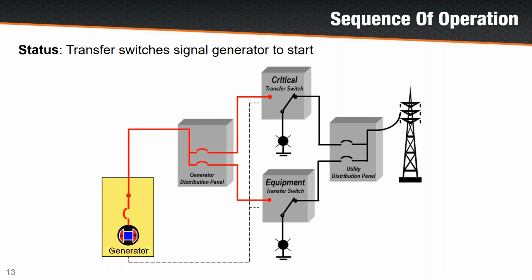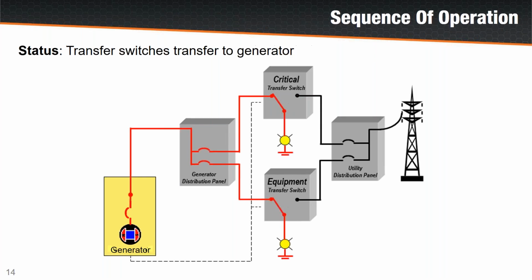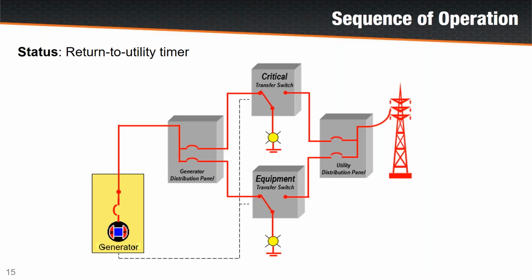So that means that circuit now is usually going to be 3 or 4 wires to start the generator with both a normally open and a normally closed contact. At some point, we're going to transfer to the generator. The generator is going to pick up the load. And eventually the utility will return, and then we wait to transfer back to utility.